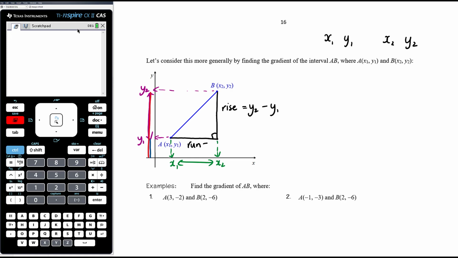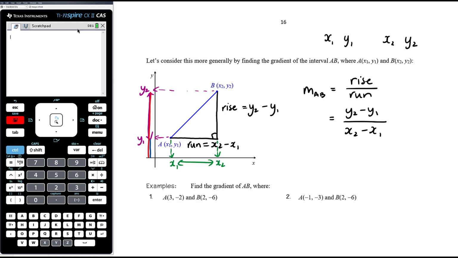So the run will be x2 minus x1. And so therefore we know that the gradient of AB is rise over run, vertical change over horizontal change, which means it's the difference between the y values over the difference between the x values.